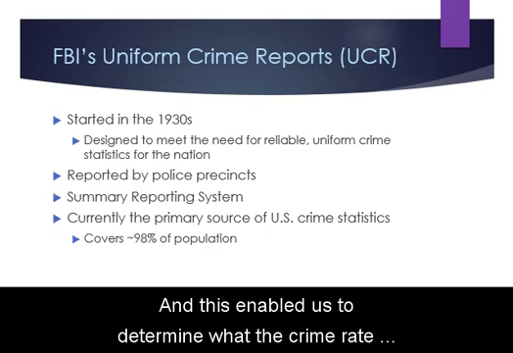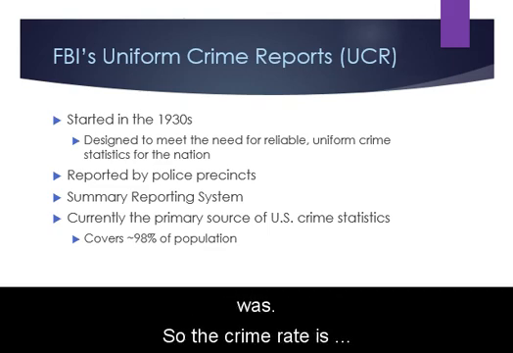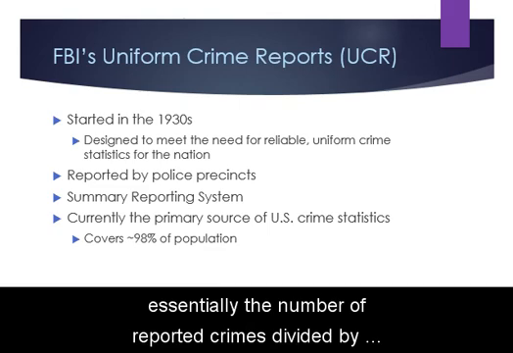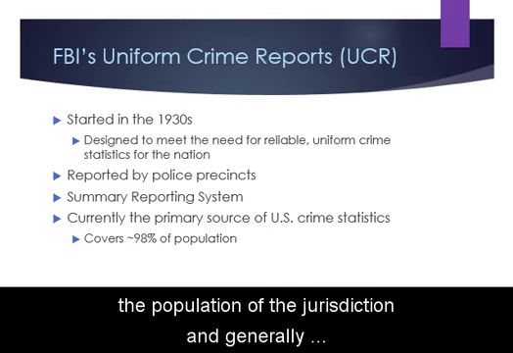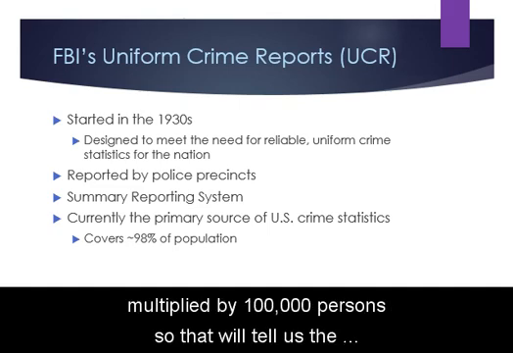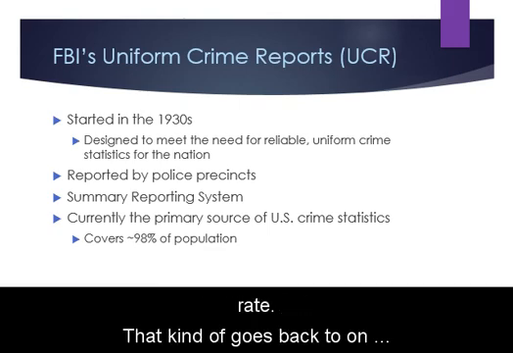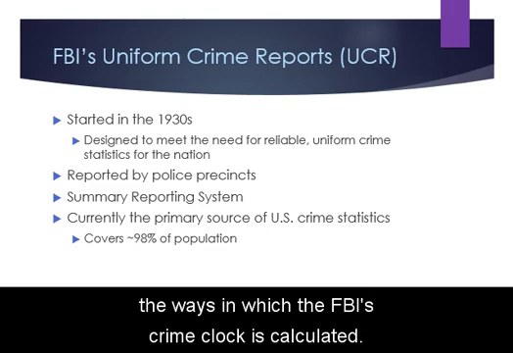And this enabled us to determine what the crime rate was. So the crime rate is essentially the number of reported crimes divided by the population of the jurisdiction, and it's generally multiplied by 100,000 persons. So that will tell us the rate. That kind of goes back to the ways in which the FBI's crime clock is calculated.